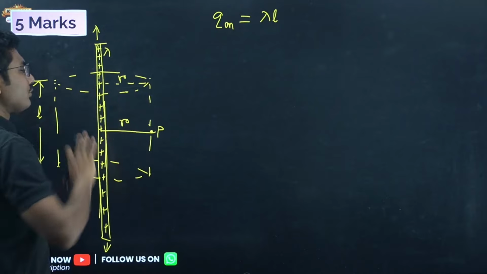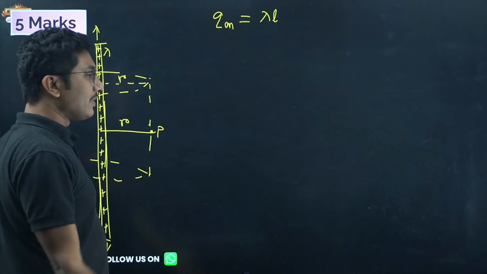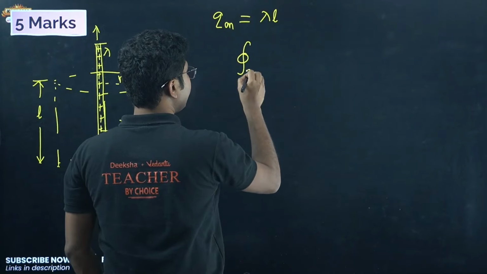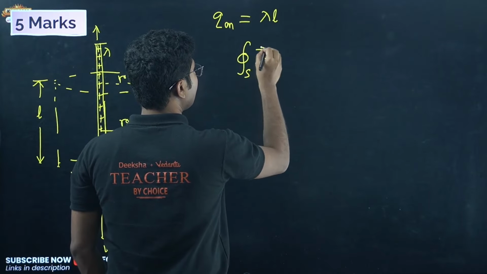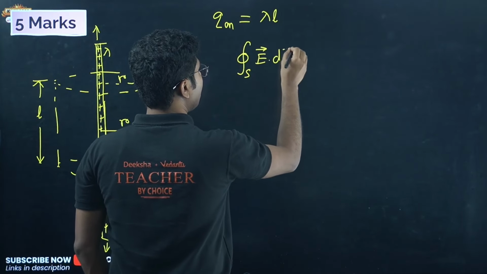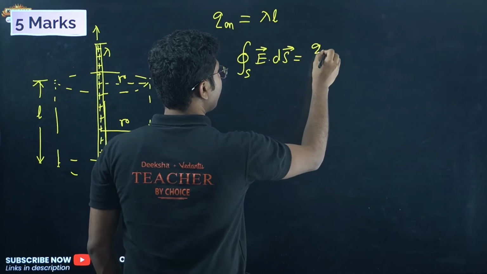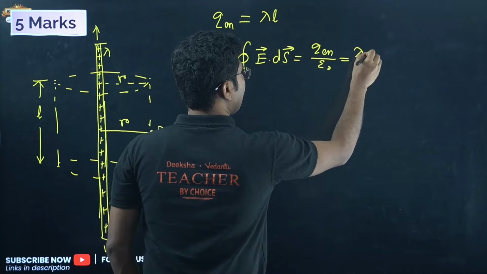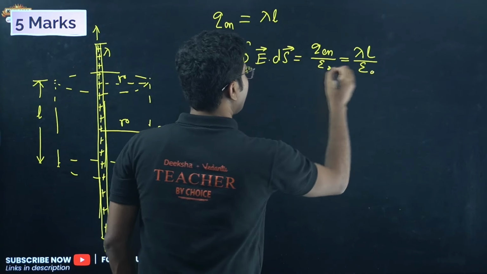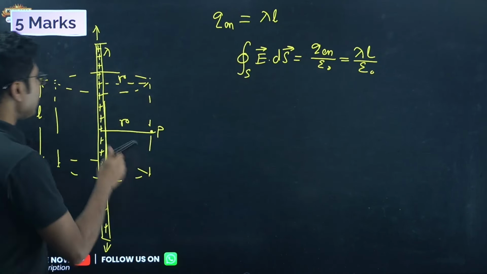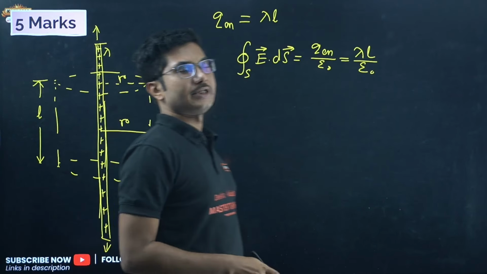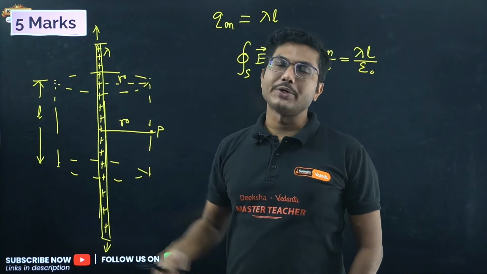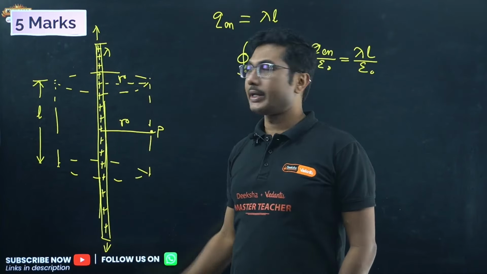Now the total charge enclosed we have calculated. Next, we apply Gauss's theorem, which states that closed integral E dot ds equals Q enclosed by epsilon naught. That is lambda L by epsilon naught. Now, because of the symmetry of this arrangement, no matter where you look, it always appears the same, because it's a very long wire and cylinder.